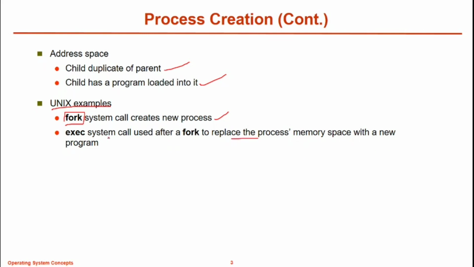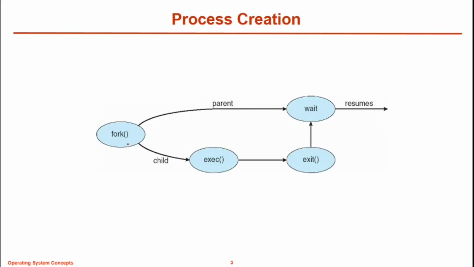So fork will create a child process, then it gives space or memory to the child process, then the exec system call gets executed for the parent process as well as the child process.